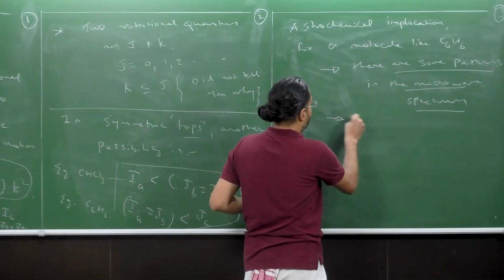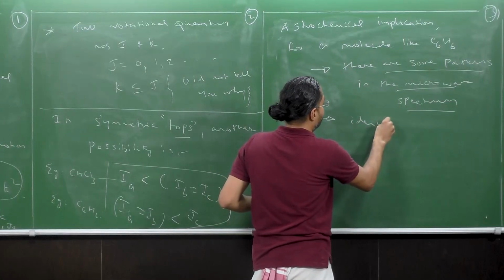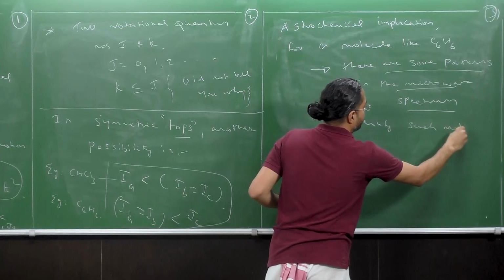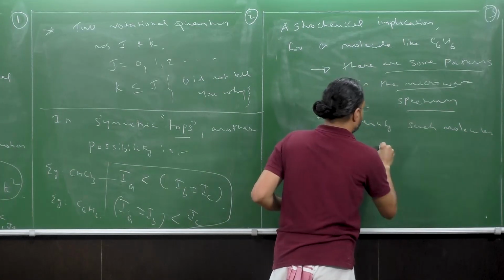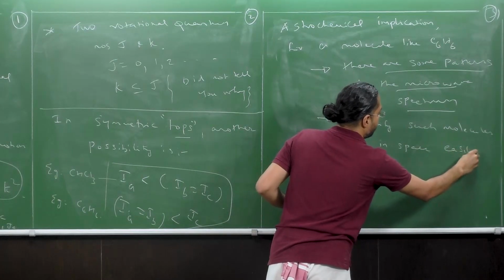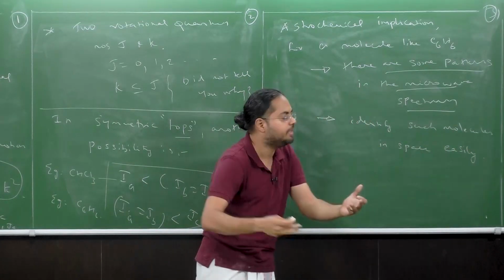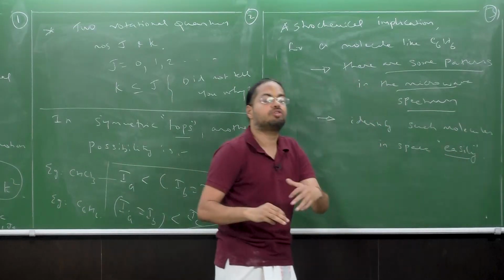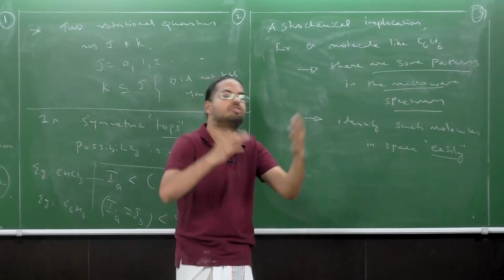Identify such molecules in space easily. When I say easily, I'm talking relative to other more difficult molecules wherein there is no symmetry present.